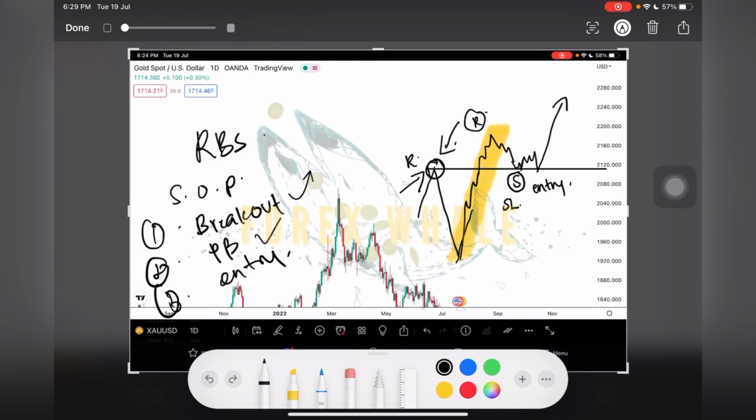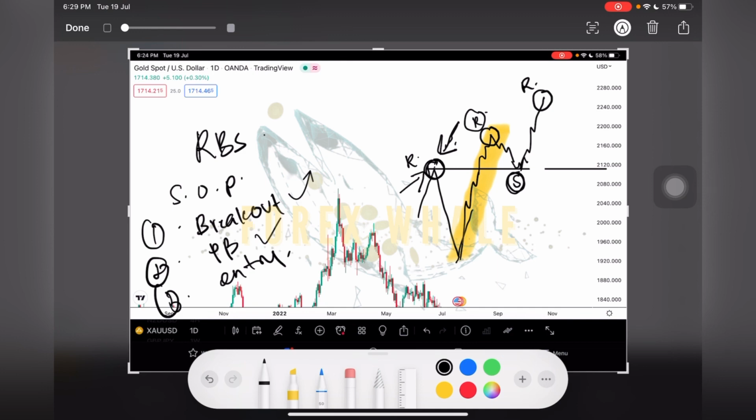Then there's style number 3, which is my personal favorite. Price created this new resistance here. Price broke through this resistance, created a new support on the same level as that resistance, and then price went all the way up only to create a new resistance here.